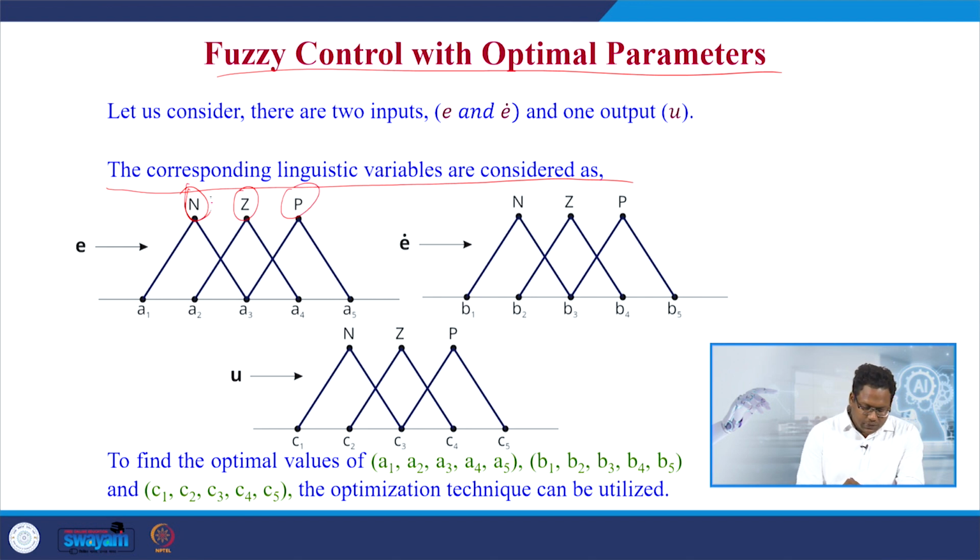The negative fuzzy subset has a triangular function varying from A1 to A3, the 0 subset of the linguistic variable error E varies from A2 to A4, and likewise the triangular membership function of the fuzzy subset P, which is positive, varies from A3 to A5.